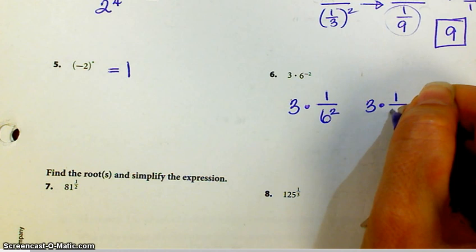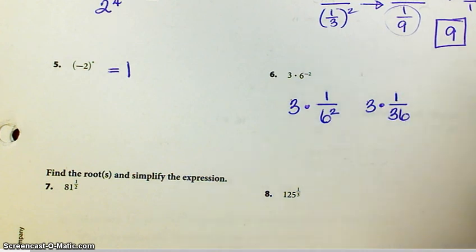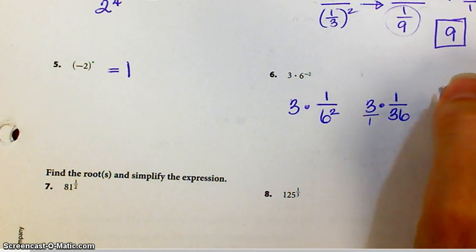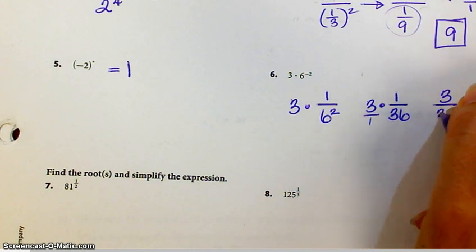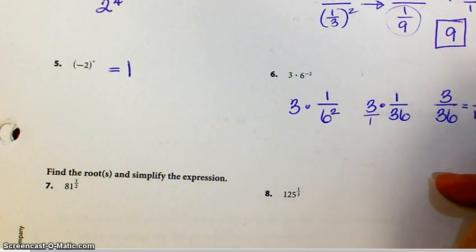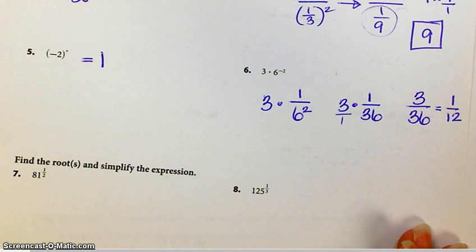That's 36. What is 3 times 1 over 36? Well, remember, I can make this look like a fraction too. So 3 times 1 is 3 over 36. And that'll reduce. Those are both divisible by 3. So that's going to reduce to 1/12.